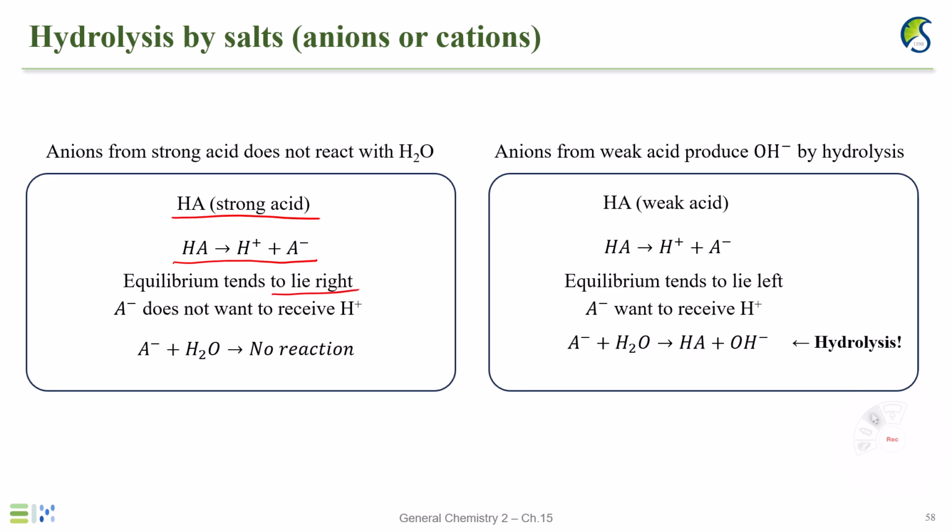If this is a strong acid, the strength of this conjugate base is very, very small. So it doesn't do anything in water, because it is the conjugate base of a strong acid. A minus, the conjugate base from a strong acid, does not want to receive H plus. So nothing is going to happen with this anion from a strong acid.